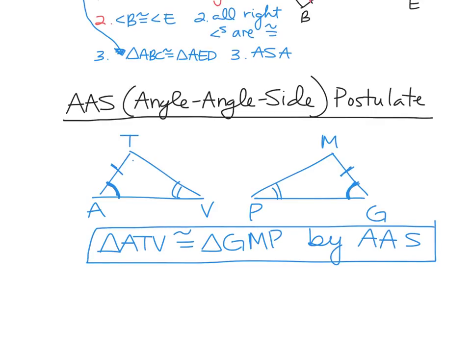Okay. The other option is you could have had these two congruent, and then it's still angle, angle, side, just the other non-included side. And here's your third option. We learned the third angles theorem, right? So technically right now in this problem, we know that angle T is congruent to angle M, right? That's third angles theorem.